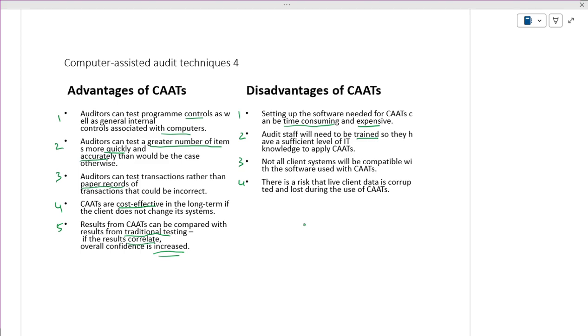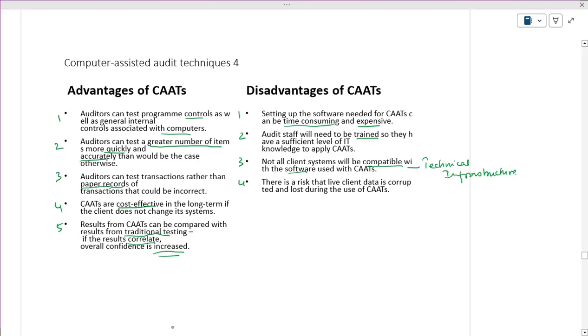Not all clients will have systems compatible with the software used, so more technical and infrastructure support is needed.